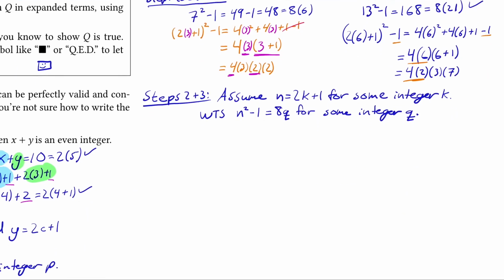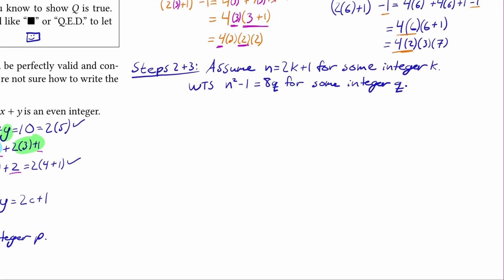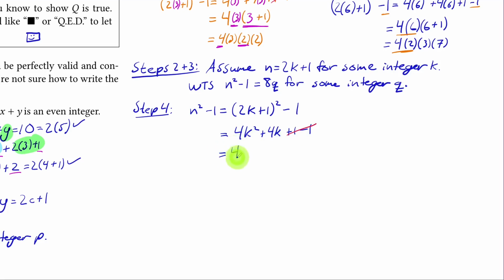Okay, let's see. The n squared minus 1 we can write as 2k plus 1 quantity squared minus 1, just like we were doing before. FOIL that all out. Those terms cancel out. We have a factor of 4, a factor of k, and a k plus 1 left over.